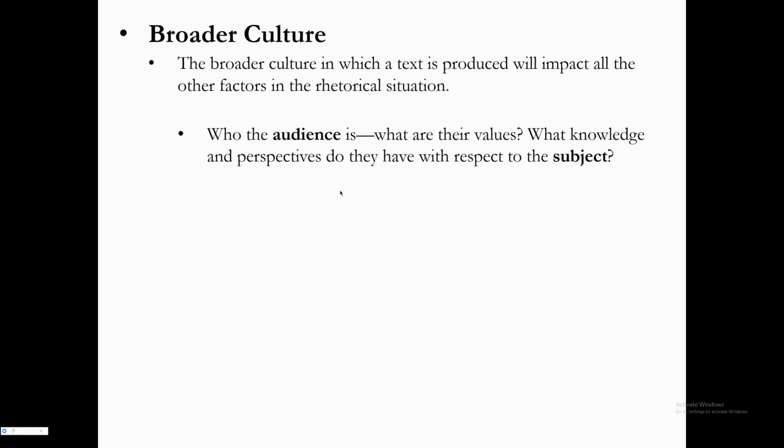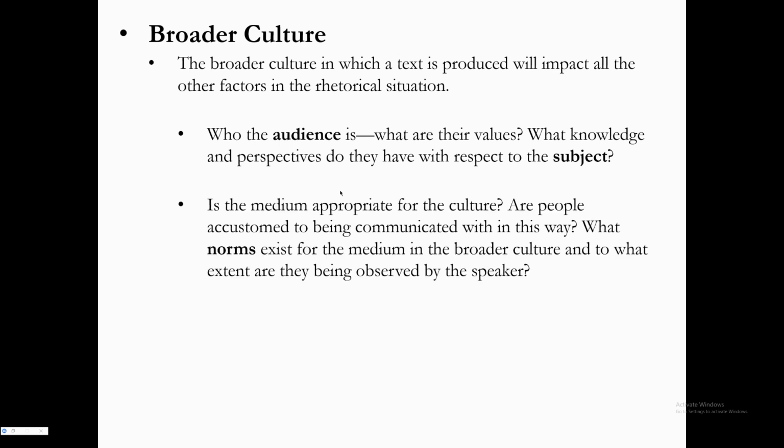So it's important to consider what knowledge and perspectives and norms and thoughts will people from some culture other than that of the writer bring to the reading or consumption of that rhetorical act, especially with respect to the subject. So is the medium appropriate for the culture, right?